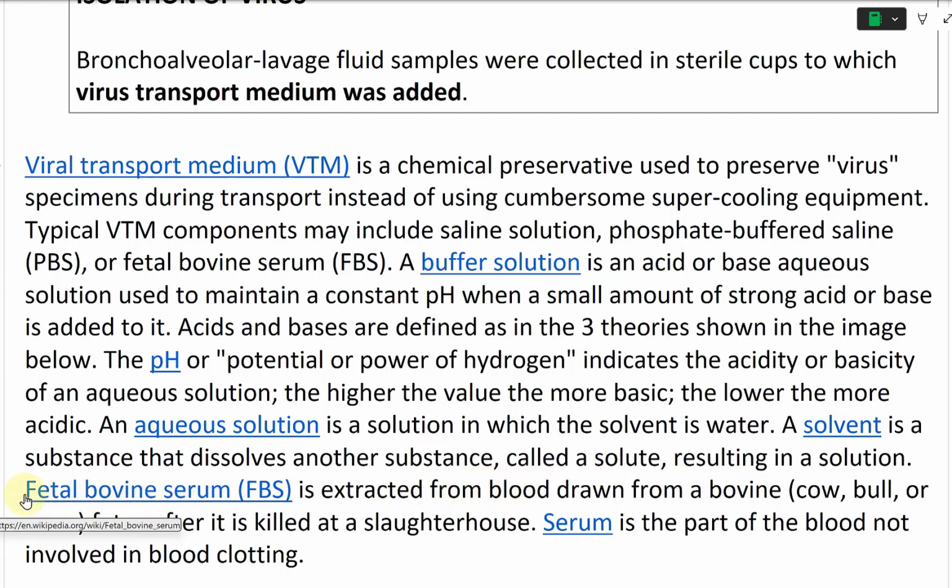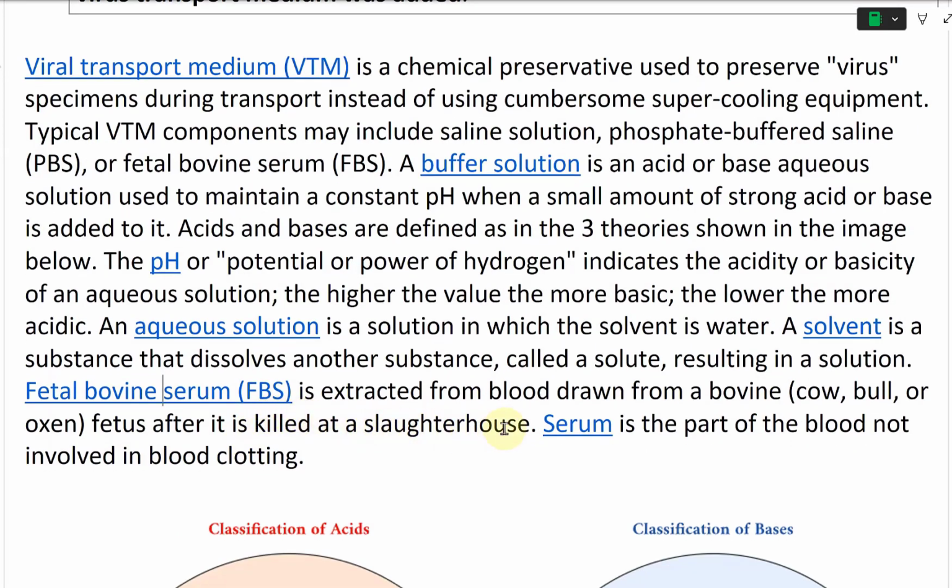And then lastly, this fetal bovine serum, FBS, is extracted from blood drawn from a bovine or cow, bull, or oxen fetus after it is killed at a slaughterhouse. That's pretty wild. And then serum is the part of the blood not involved in blood clotting.